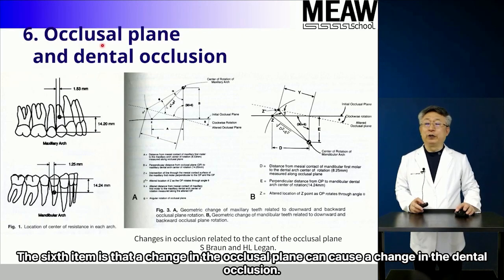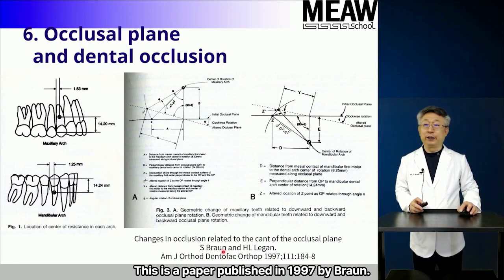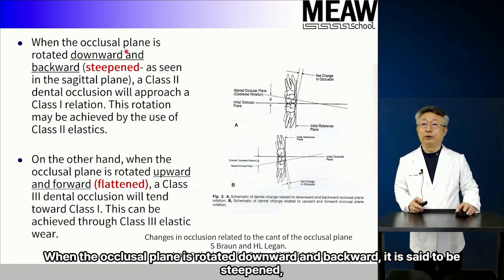The sixth item is that a change in the occlusal plane can cause a change in the dental occlusion. This is a paper published in 1997 by Braun. When the occlusal plane is rotated downward and backward, it is said to be steepened.